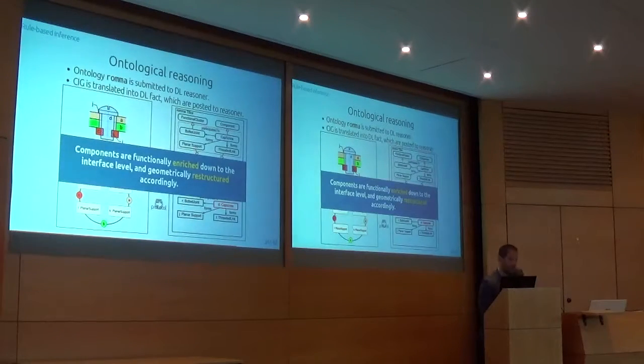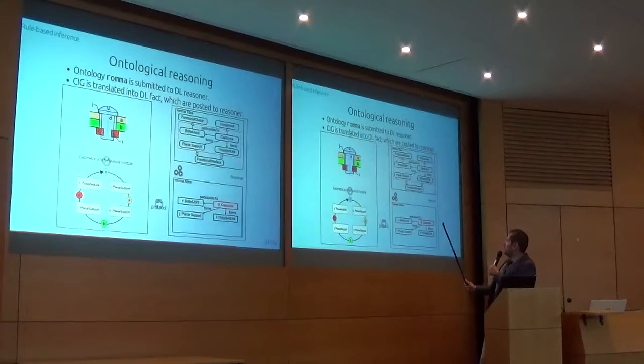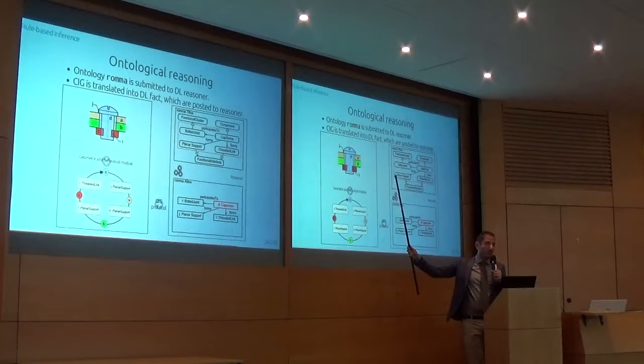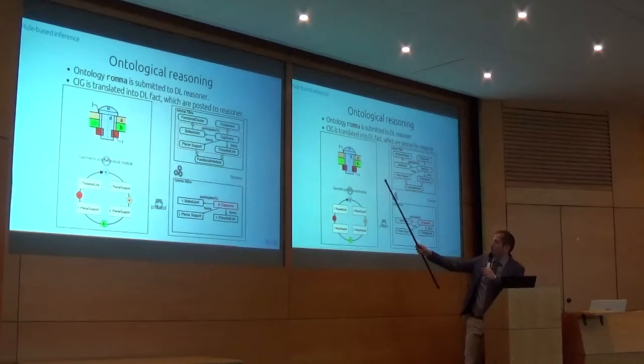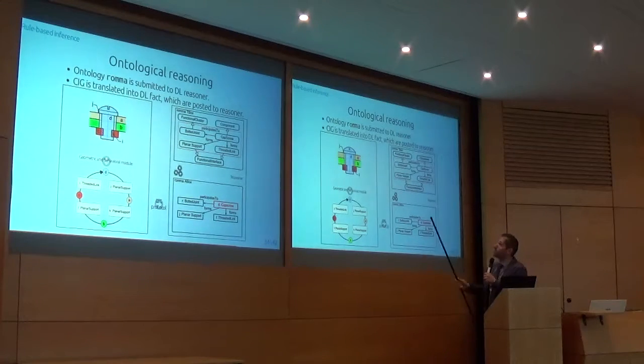And then finally, the reasoner is queried about function designations, and matching is done. In this particular case, we can infer that component D is a cap screw. A matching is done between instances and rules.